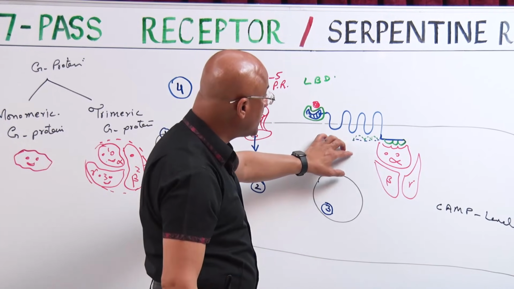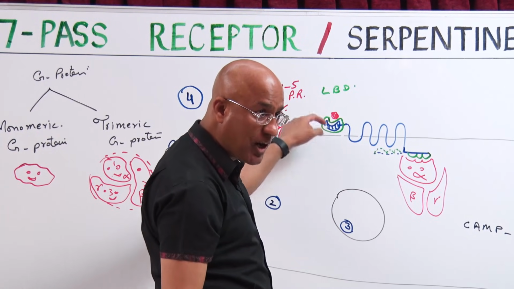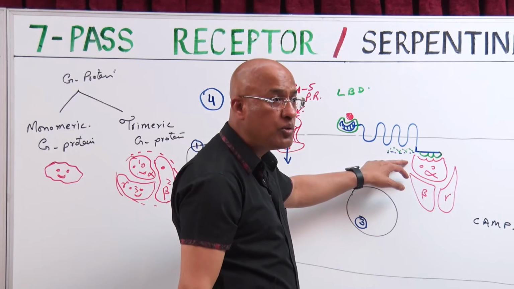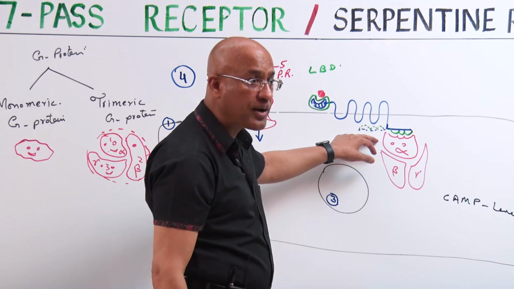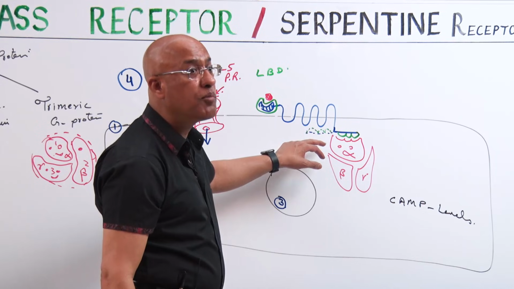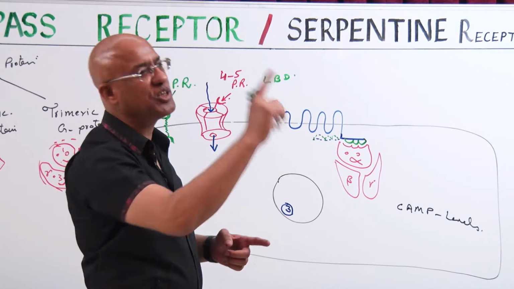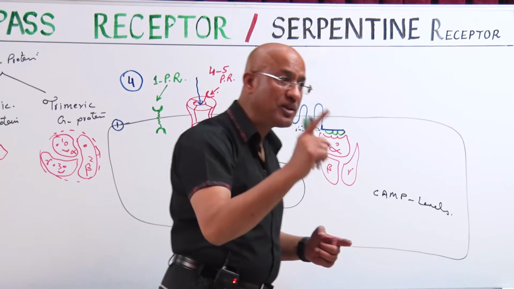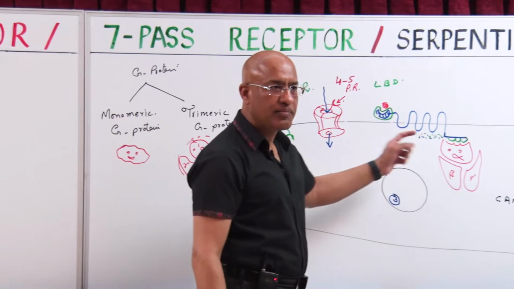But 7-pass receptors, whenever they bind with the appropriate ligand which is able to stimulate the receptors, lead to a change in the molecule such that the intracellular part, which is the effector domain, is exposed in such a way that it is able to interact with G proteins. Trimeric G proteins. Don't say just G proteins, say trimeric G protein. That is why I said monomeric G proteins have nothing to do with this receptor.